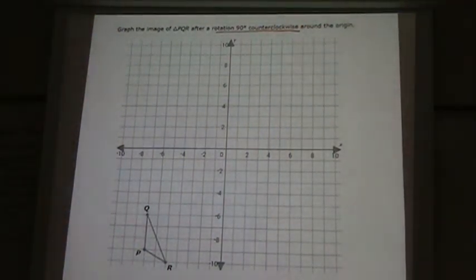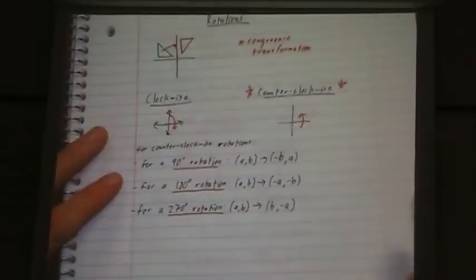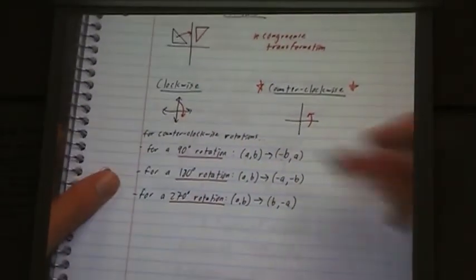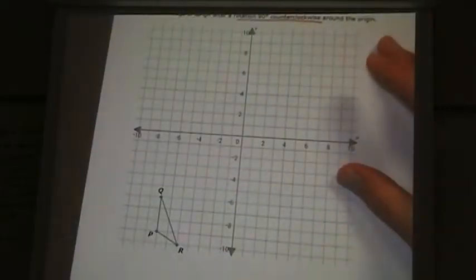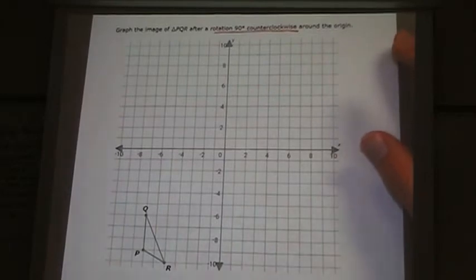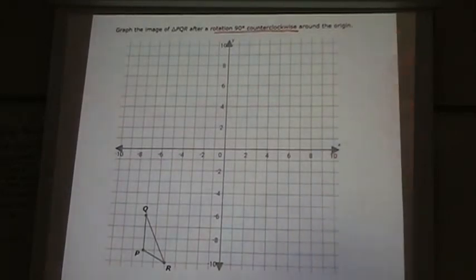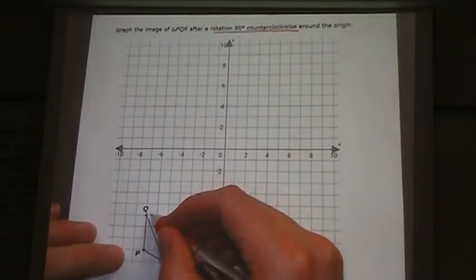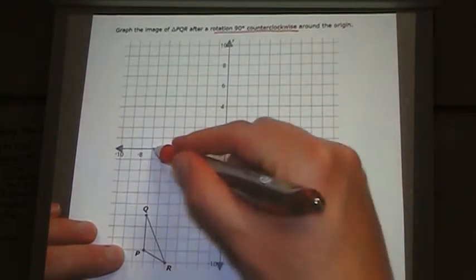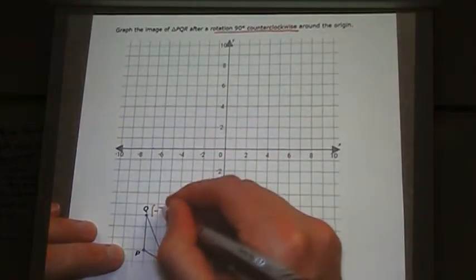So we are going to hop back to today's notes. Okay, keep those out in front of you. We're working with a 90-degree rotation. But we got coordinates, or we got points. So we're going to have to pull out the coordinates here. Okay? So if we pull out the coordinates, this guy, Q, is -7, -6.